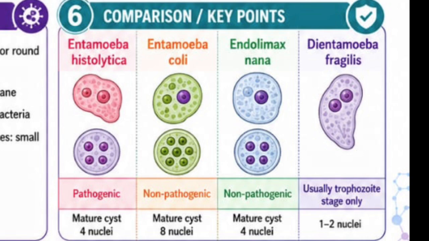Entamoeba histolytica's food vacuole contains red blood cells, Entamoeba coli's contains bacteria, yeast, and other protozoa, Endolimax nana's contains some little stuff too, and Dientamoeba fragilis's contains bacteria.